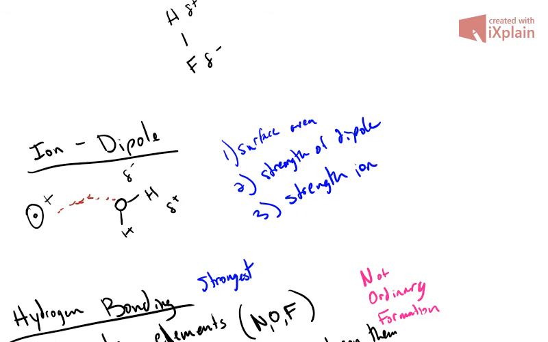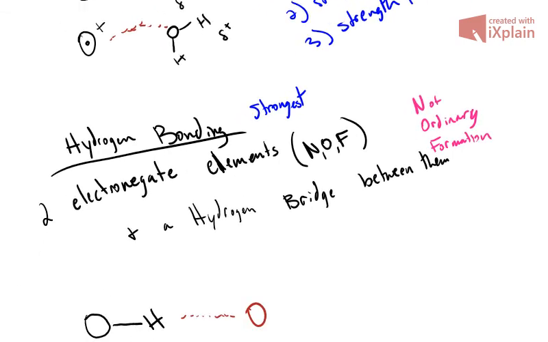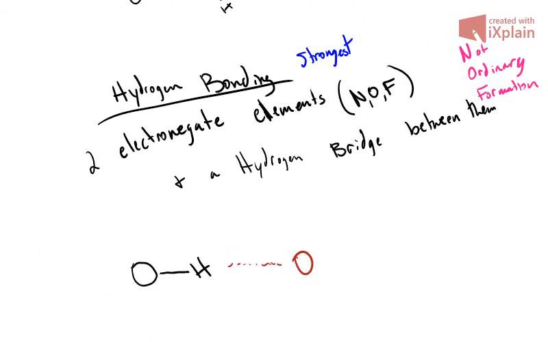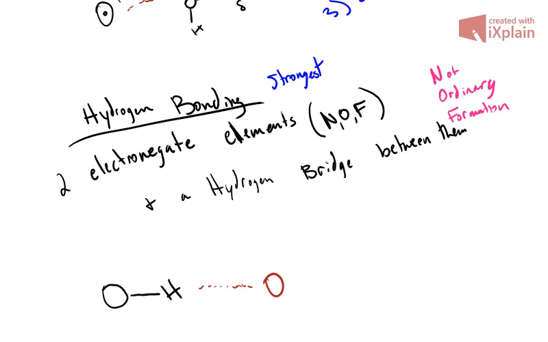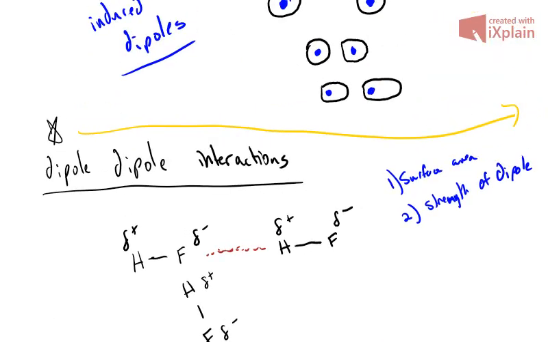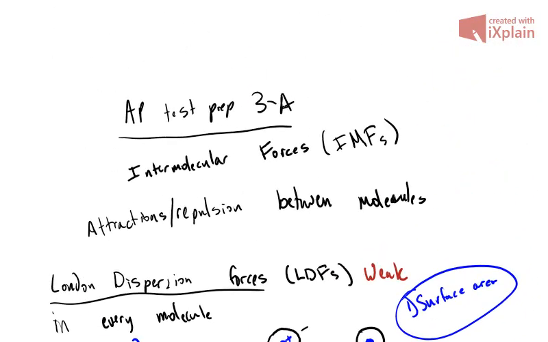If the ion is more charged, instead of a +1, we have a +2, say, then the interaction is going to be stronger. And hydrogen bonding pertains to just hydrogen bonding. It's sort of its own thing. But those are the intermolecular forces that we need to know of.